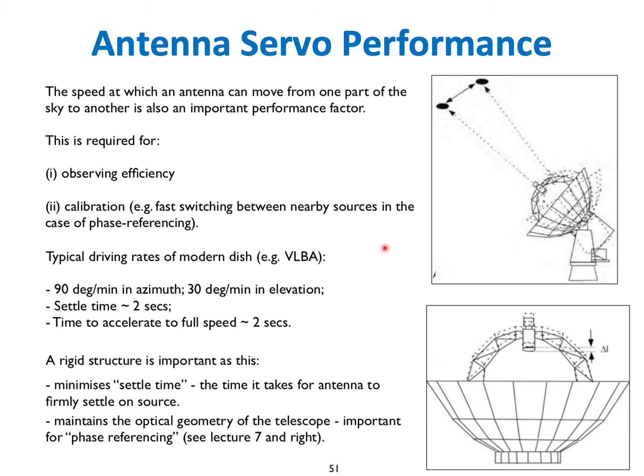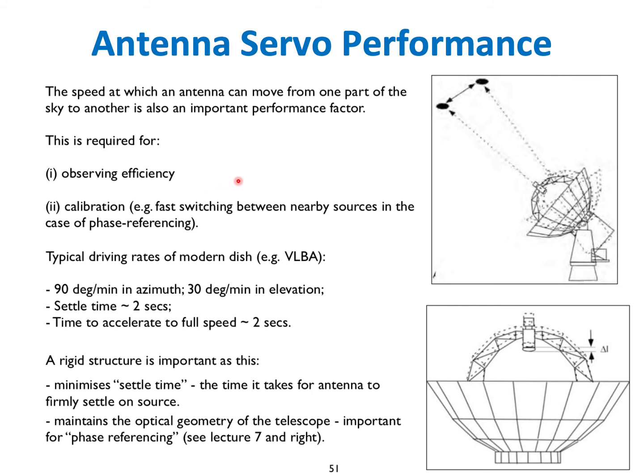Okay, so that's all related to the dish itself, but we need to move the telescope. So there's performance we need to think about when we're moving the telescope based on the servo motors. Now we want the telescope to move fast because we want to be efficient in our observing. If we're observing multiple sources, we want to spend our observing time observing the sources, not slewing between them.